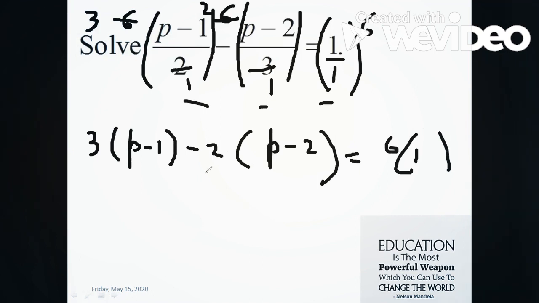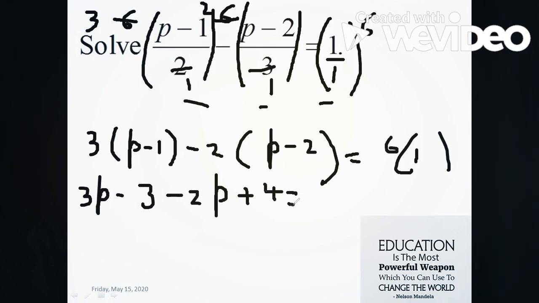All right, so we're going to use the distributive law. That will give us 3p subtract 3 subtract 2p. Remember the sign, 2 twos, right? 6 ones. Cool. All right, so we're going to group like terms.